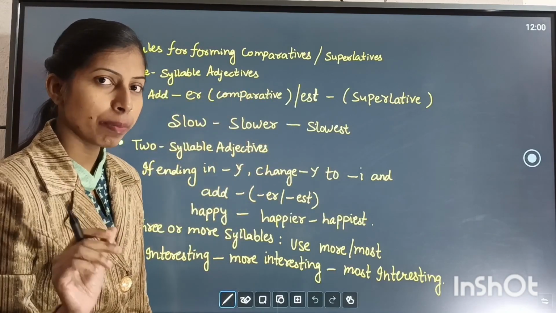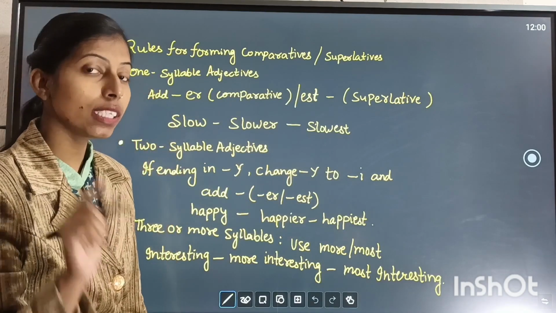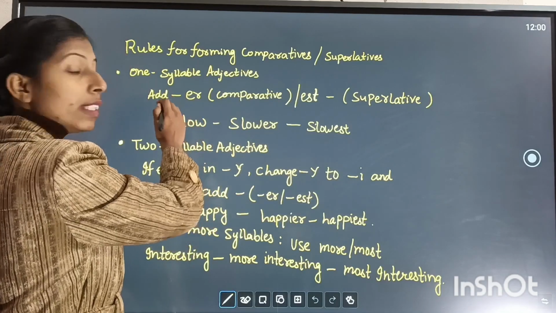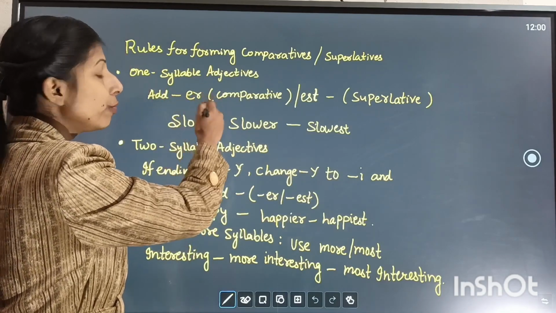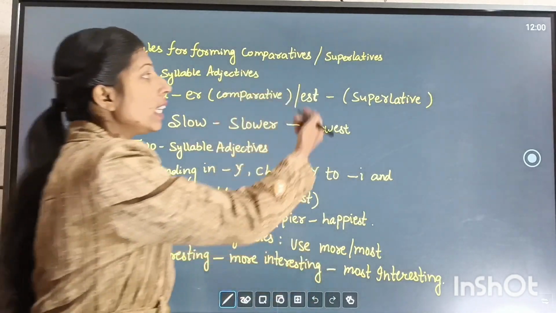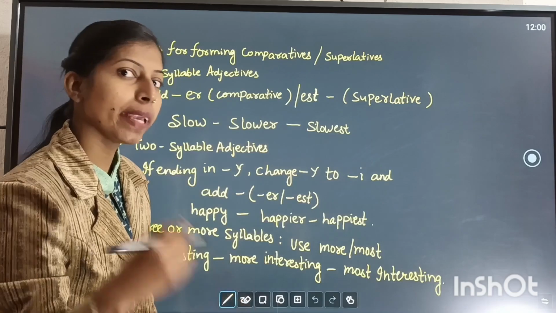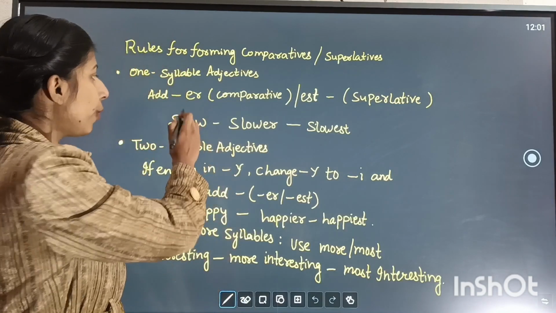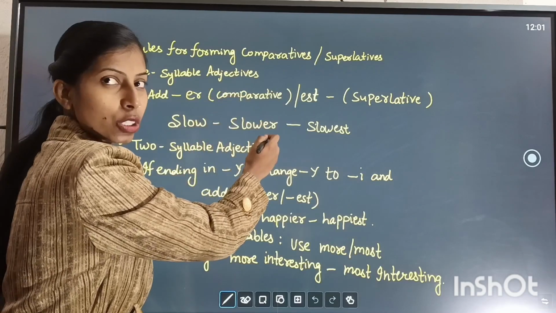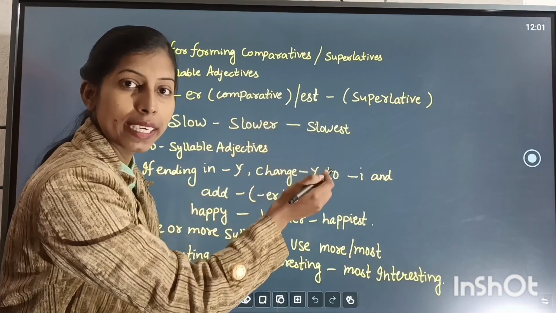When the adjective words are one-syllable words, we add er, which makes the comparative, and when we add est, that makes the superlative. For example, slow is the basic form, slower is the comparative form, and slowest is the superlative form.